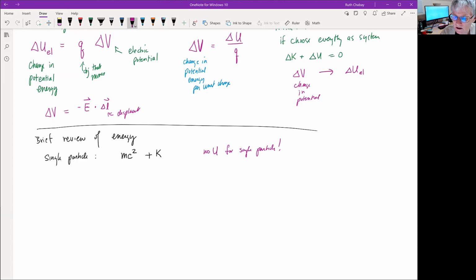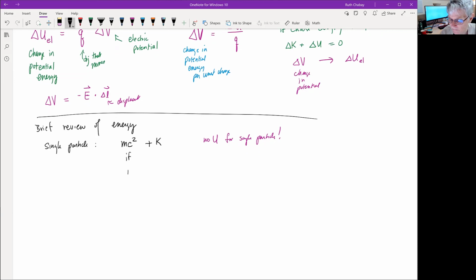And we found that at low speeds, if the speed is much less than the speed of light, the kinetic energy of an object is a half mv squared. And at high speeds, we had to take E equals gamma mc squared, and then K equals gamma mc squared minus the rest energy.